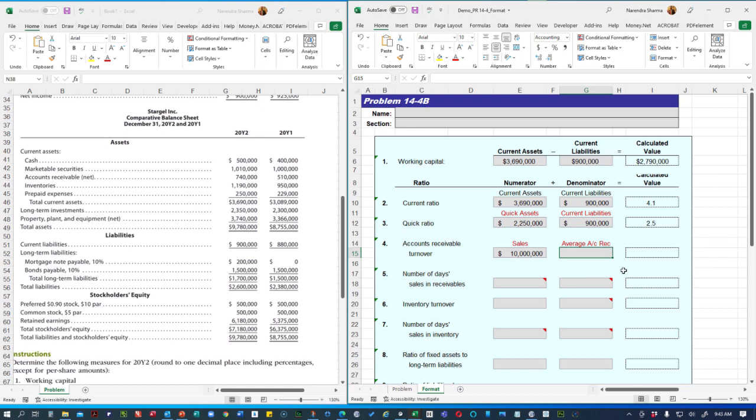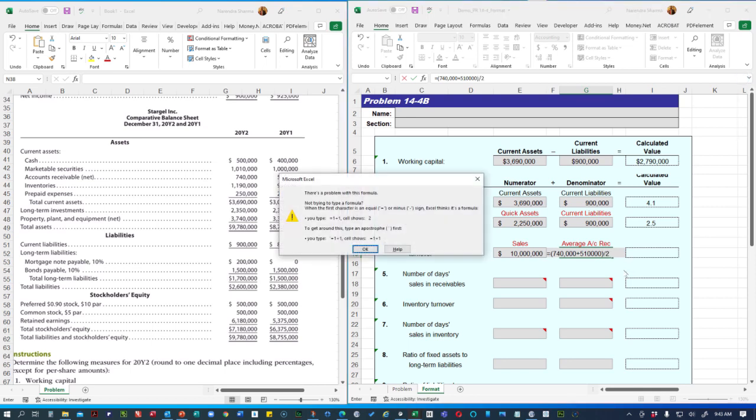So let's do equal to, put them within parentheses: 740,000 plus 510,000, and then of course divided by 2 because we want to calculate the average.